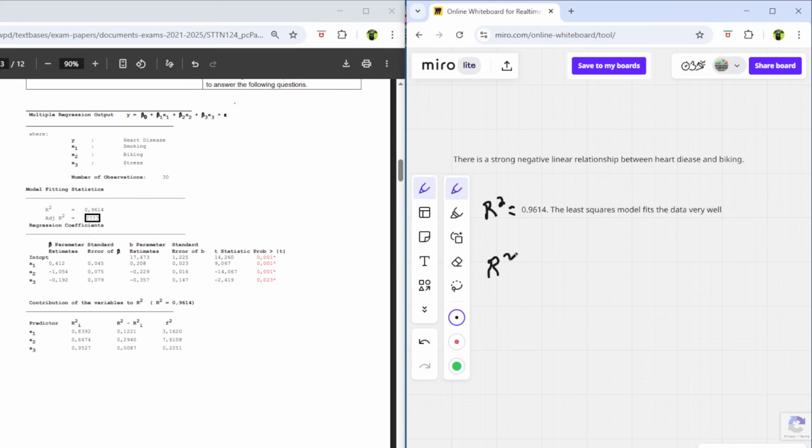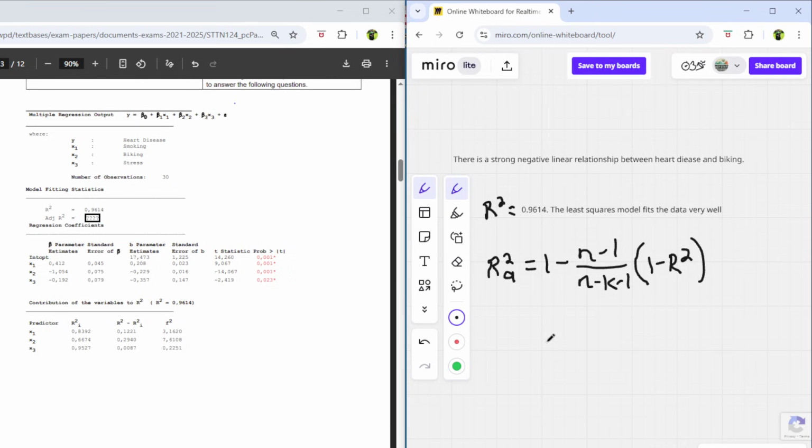It says r squared a, the adjusted coefficient of determination, is equal to 1 minus (n minus 1) over (n minus k minus 1), times (1 minus r squared). This is how the formula goes.